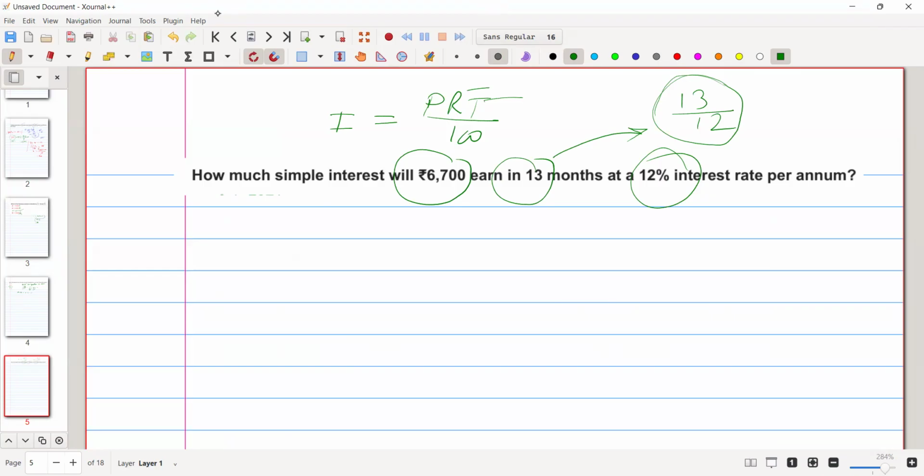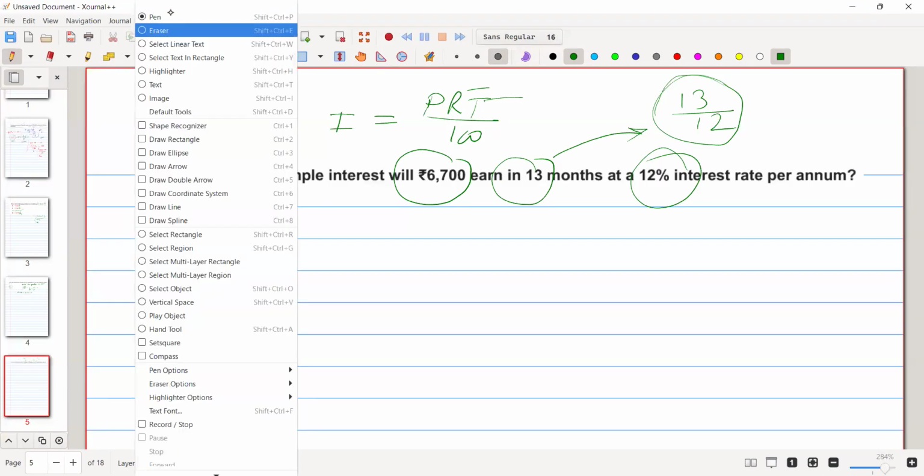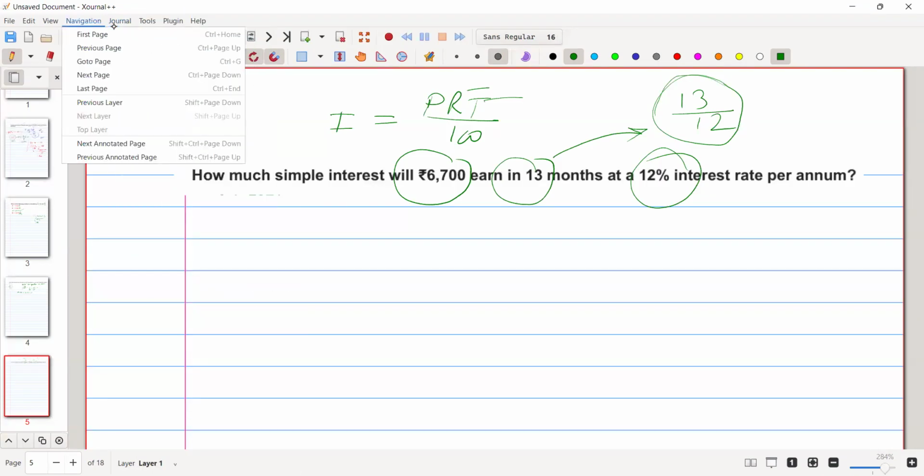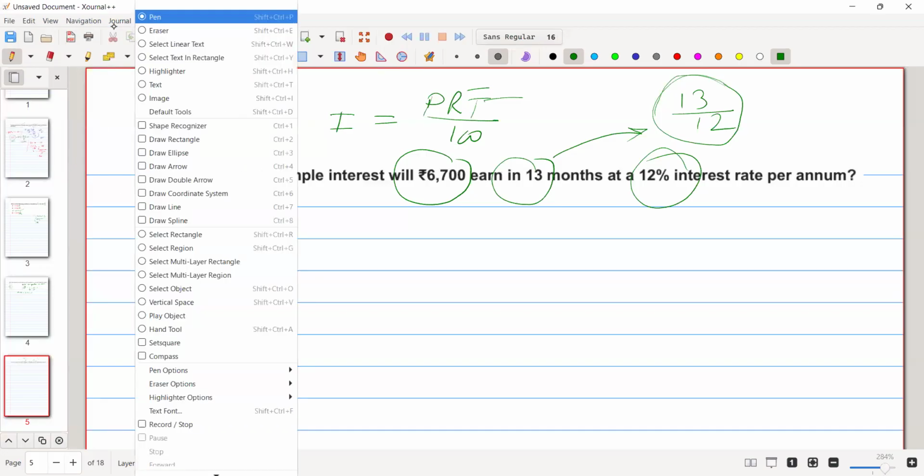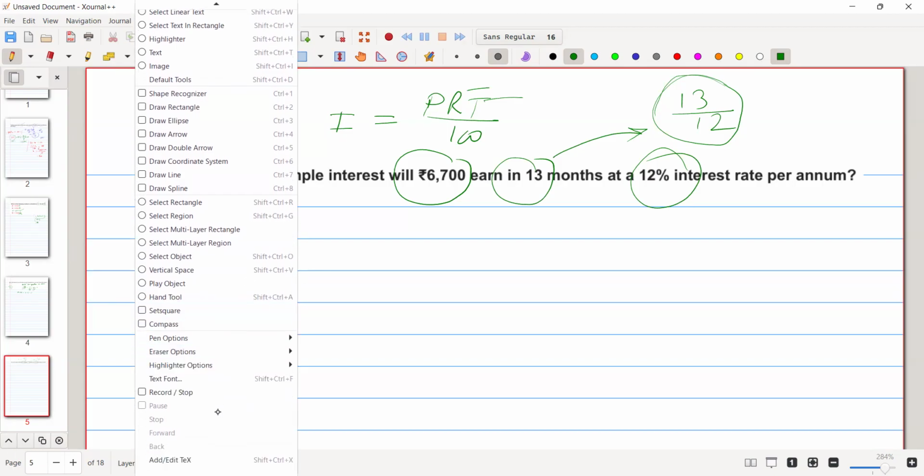We need to calculate it and verify what the value will be.